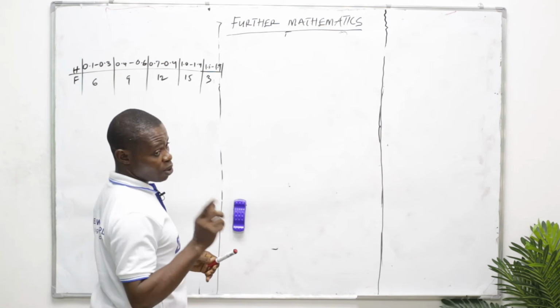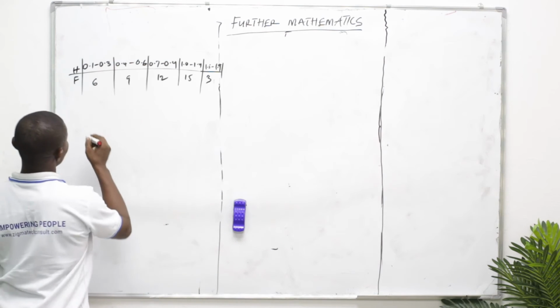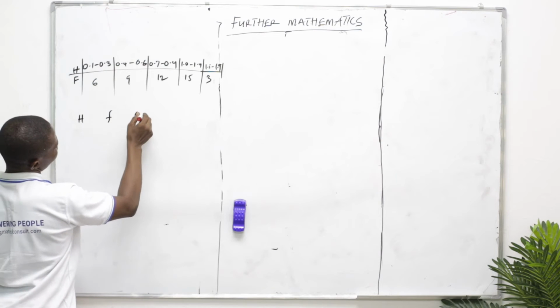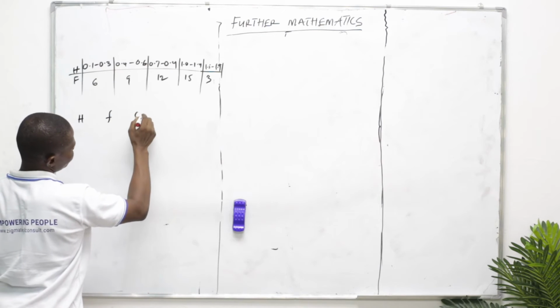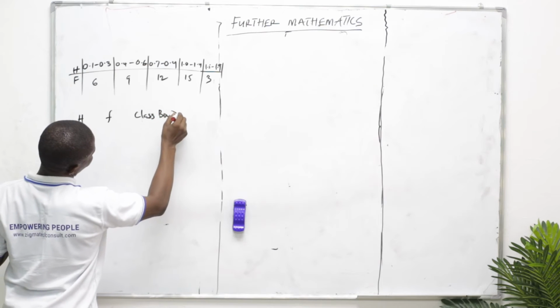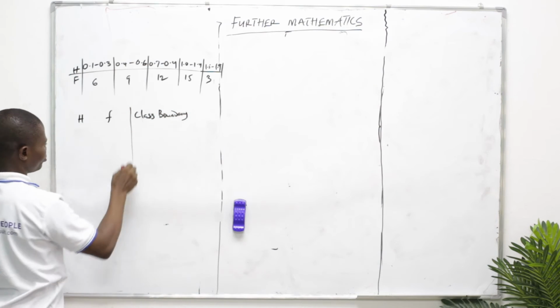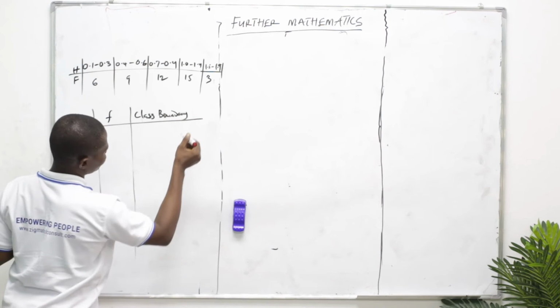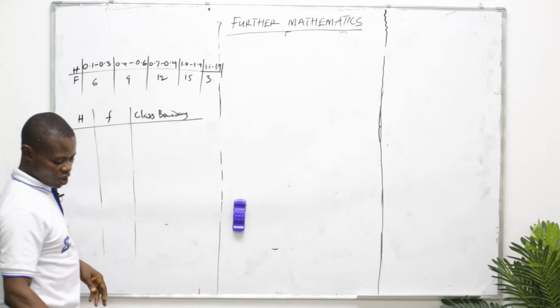So, I want to prepare the table for this histogram. I will have my height, the frequency, class boundary. This is all I need. CB, class boundary.